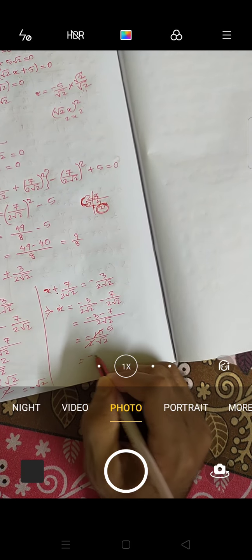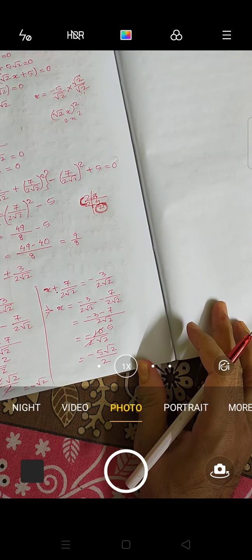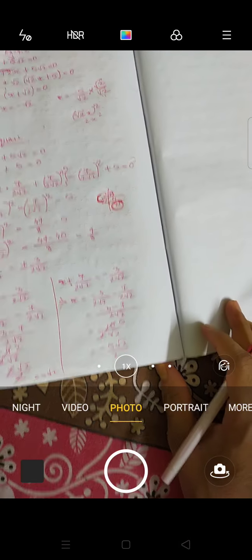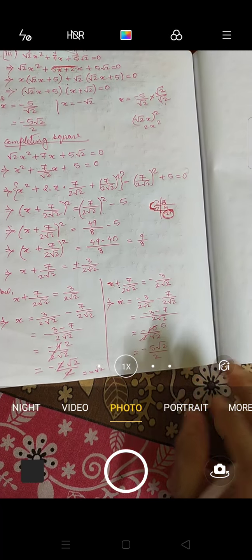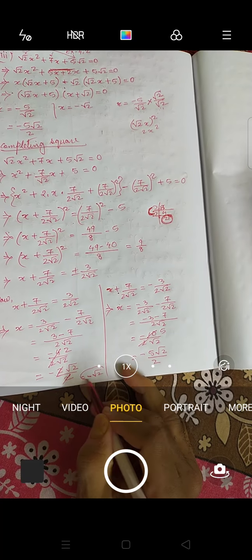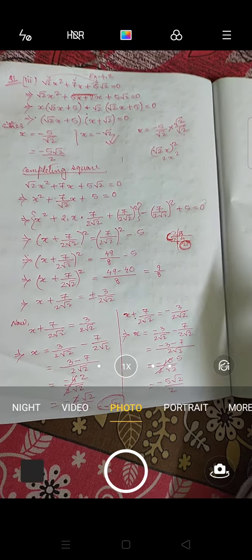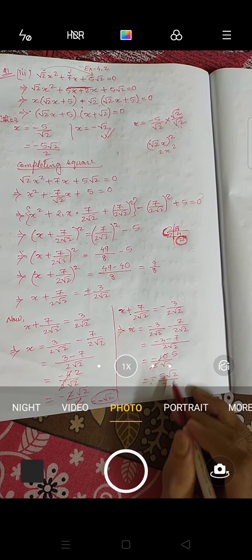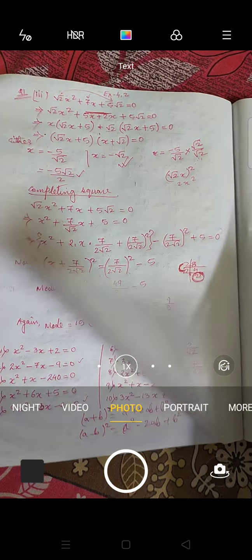So this will be minus 5 root 2 by 2. Any problem? After rationalizing, we got this answer. Now you can see our first answer for x is minus root 2. We got here minus root 2. The next one is minus 5 root 2 by 2. We are having minus 5 root 2 by 2. Okay.